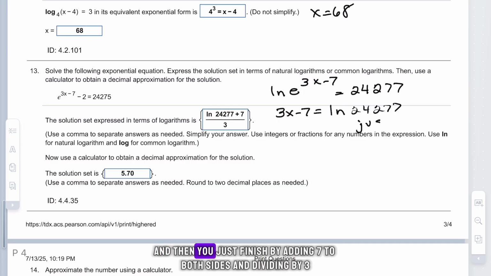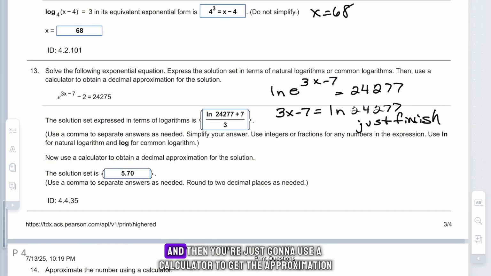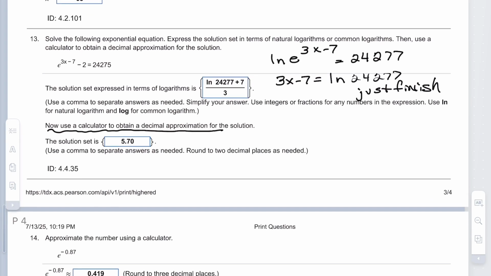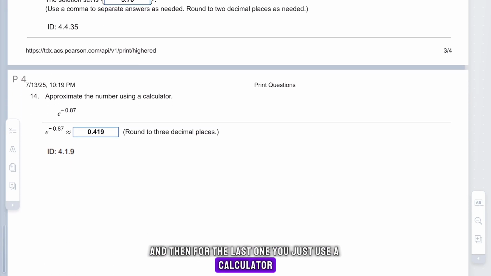And then you just finish by adding 7 to both sides and dividing by 3. And then you're just going to use a calculator to get the approximation. And then for the last one, you just use a calculator.